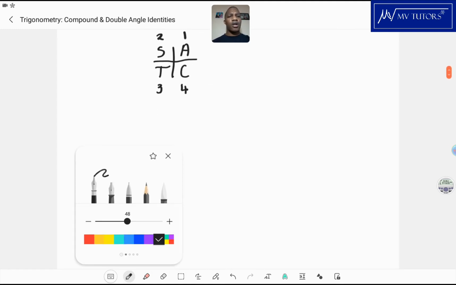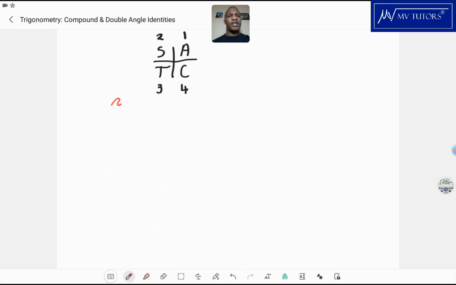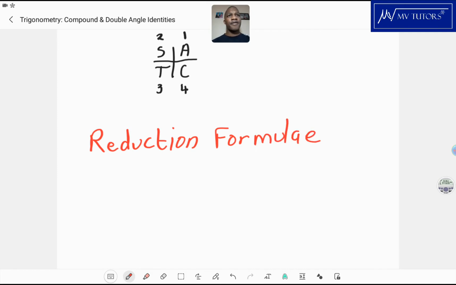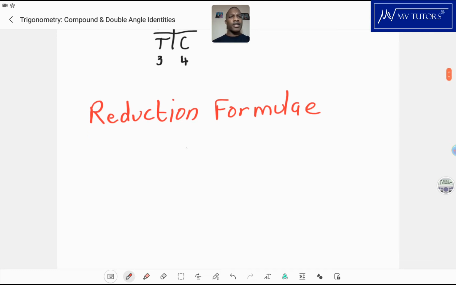Now let's talk about what we call the reduction formulae. What you have to know then is, if we go back to our Cartesian plane, that's theta there.